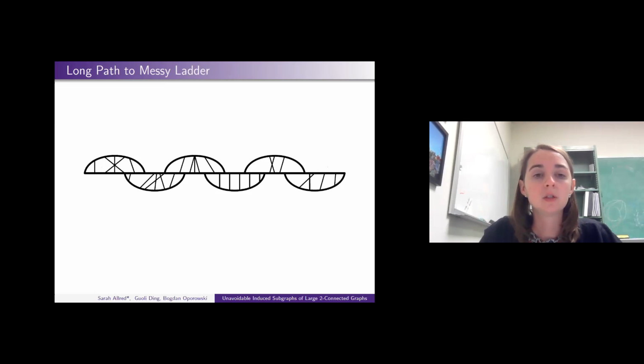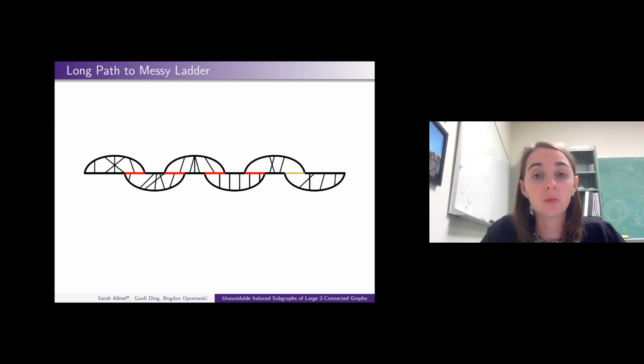Okay. So remember, the only thing we can do to make this graph smaller and try to find a messy ladder is delete vertices. So what we're going to do is look at the segments on P where our Qs overlap. So here we have 4 red segments and 1 gold segment.